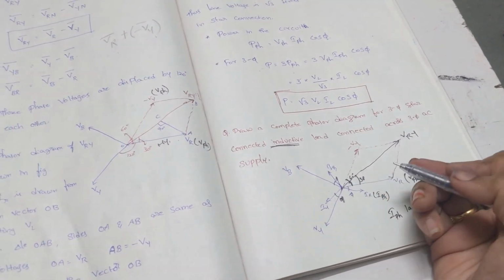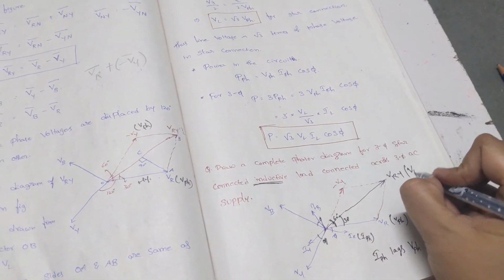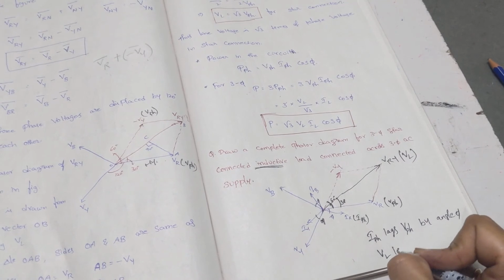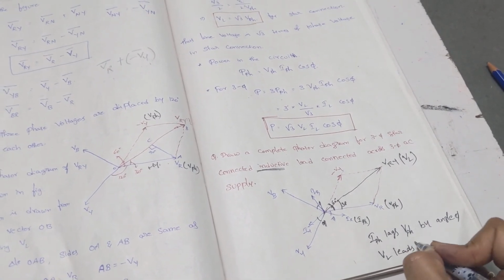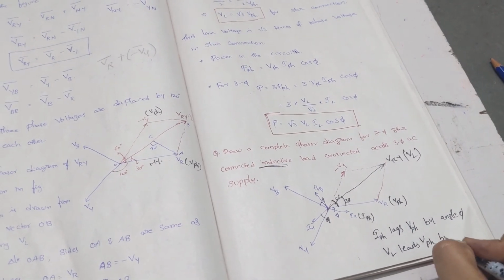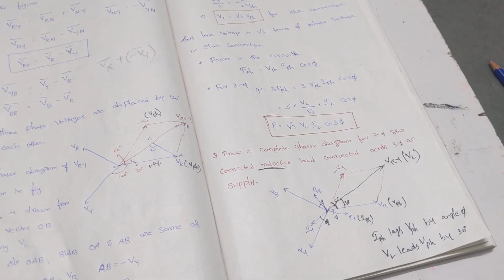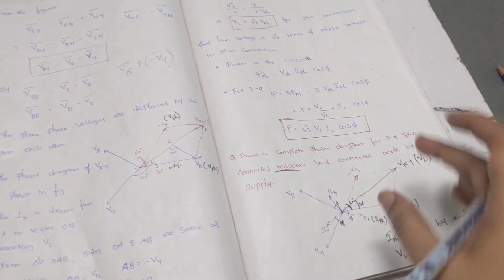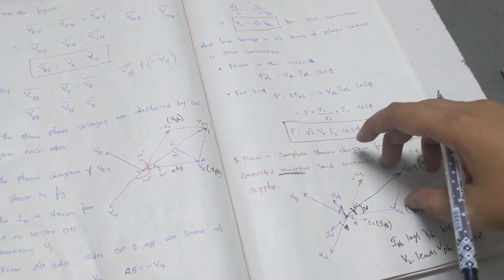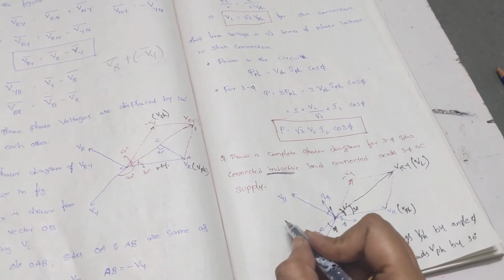At the same time, the line voltage leads your phase voltage by an angle of 30 degrees in each and every phase. I just drew for one phase. You can try to interpret for the rest of the phases.